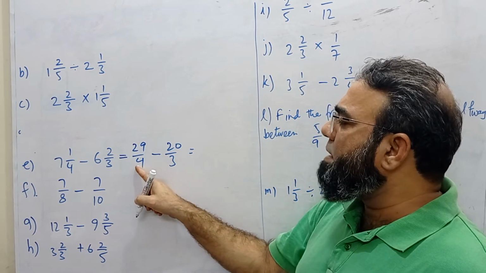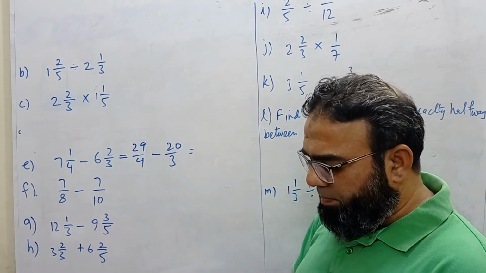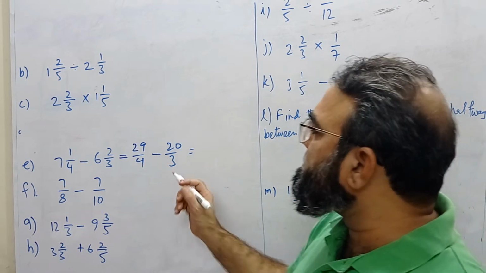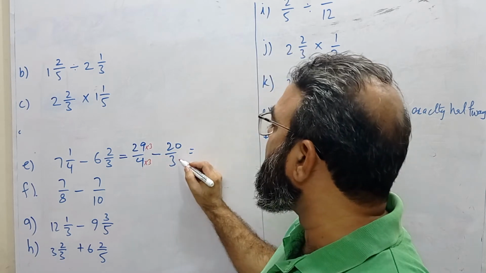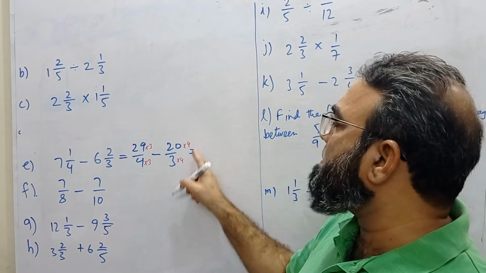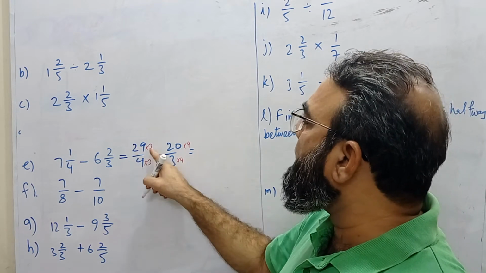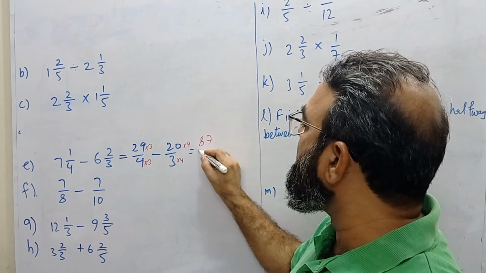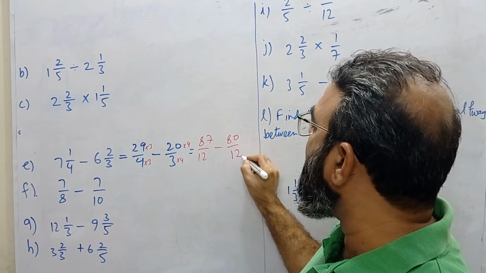So again, the LCM of 4 and 3, you must know this mentally, is going to be 12. So you know that 4 times 3 is 12, 3 times 4 is 12, so 29 is multiplied by 3 and this is going to be multiplied by 4 as well. So I now have 29 times 3 is 87 over 12 minus 80 over 12.